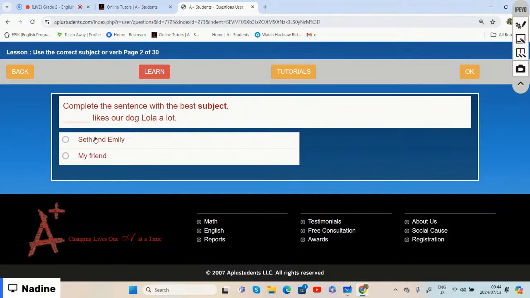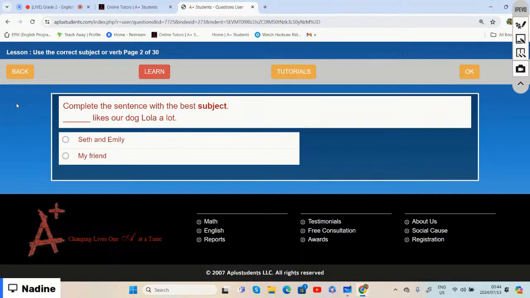Okay, another one. It says likes. That's our verb. So we need to choose the best subject. Do we say Seth and Emily likes our dog Lola a lot, or do we say my friend likes our dog Lola a lot?